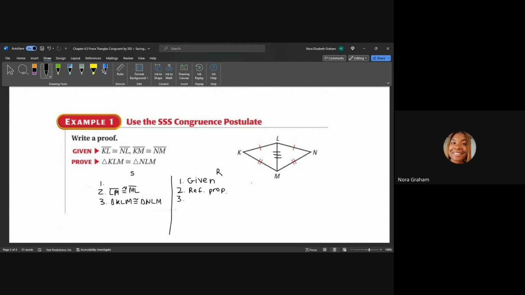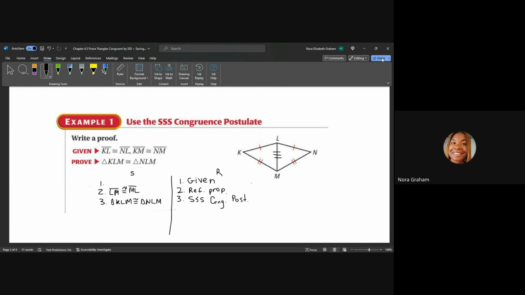And then we put what postulate we used. This is by the SSS congruence postulate. Sometimes you can just put postulate, but congruence postulate. And that's it for that. Not too bad. Side, side, side is one of the easiest ones.